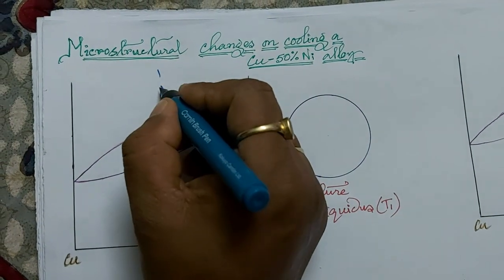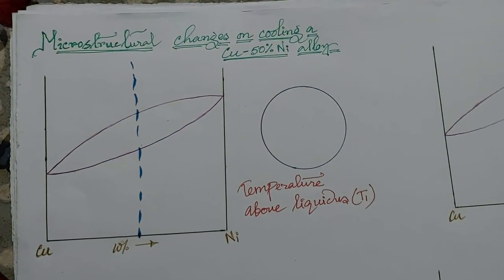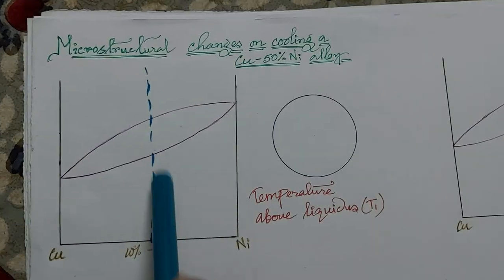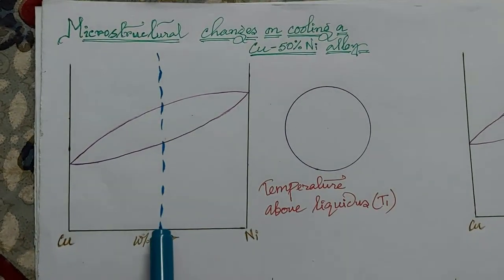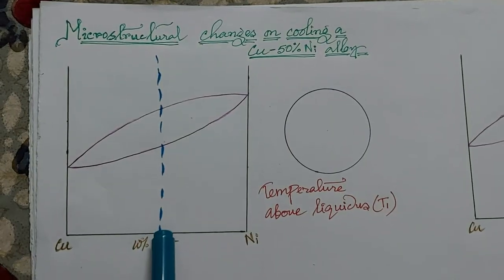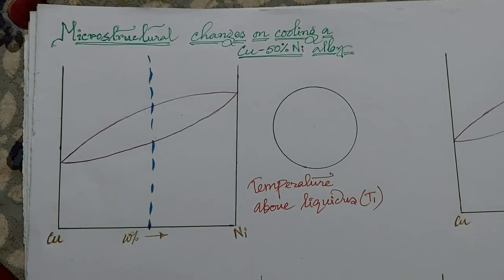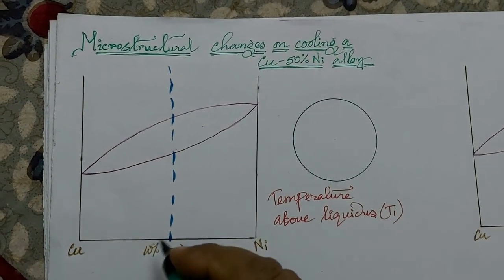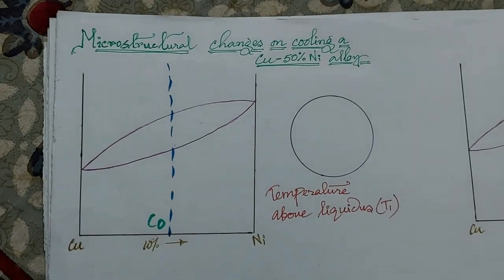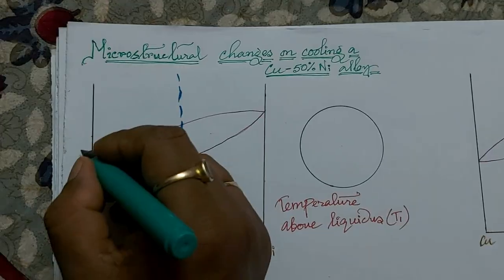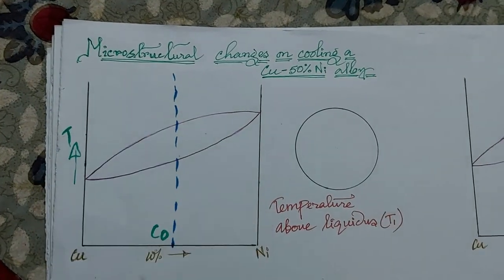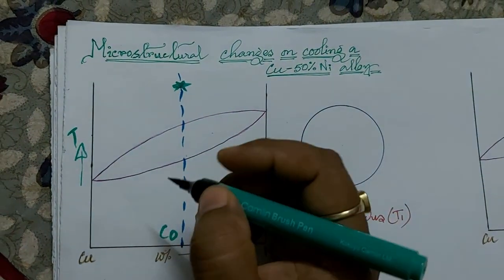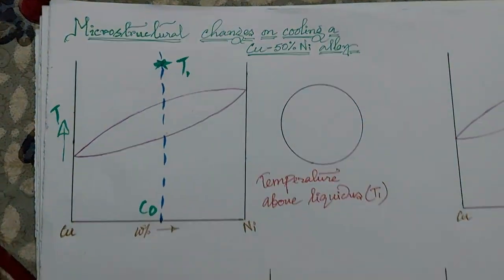From this point to this point, temperature is increasing. And here it is 50% of copper and 50% of nickel. Let us say this composition is C naught. On this side it is temperature, on this side it is the composition axis, and here the temperature is T1.